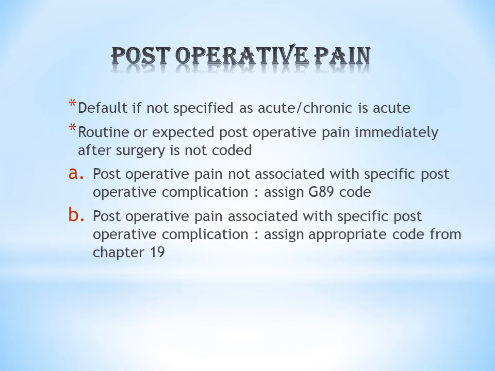One example is pain after an operation or surgery, if the patient is having painful suture wires or a similar specific complication. If a specific complication is mentioned, then you have to code the appropriate code from chapter 19, that is the T series. The T series has pain from specific complication codes.